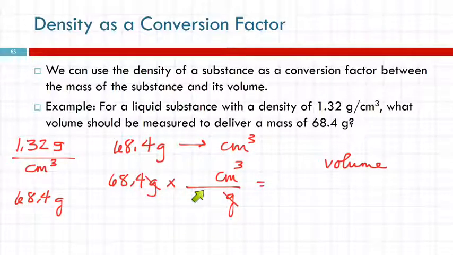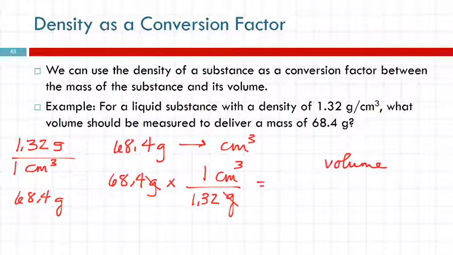Then I need numbers for this relationship. They come from the density here. 1.32 grams per cubic centimeter. If I need to put a number here, what would that number be? A 1. So 1.32 grams is equal to 1 cubic centimeter for this liquid.